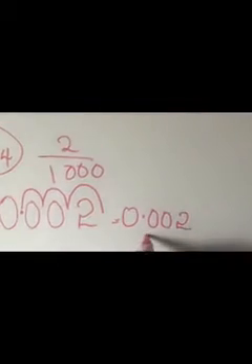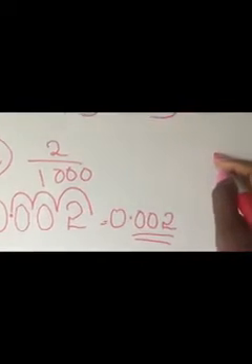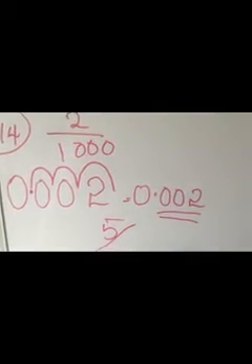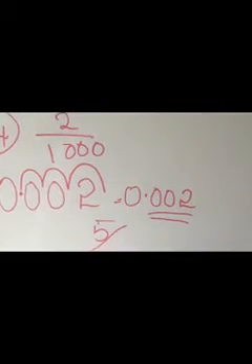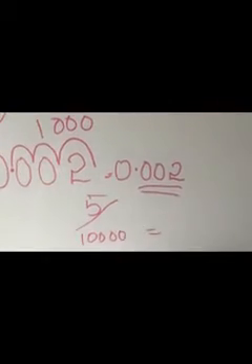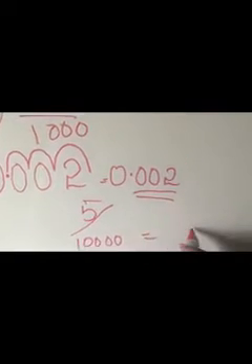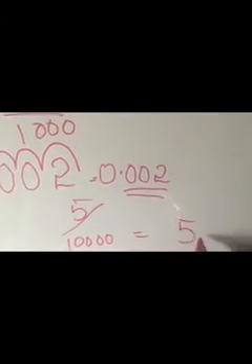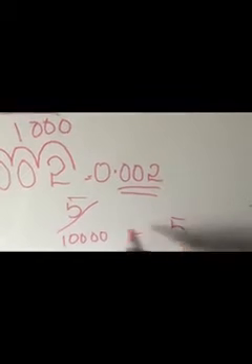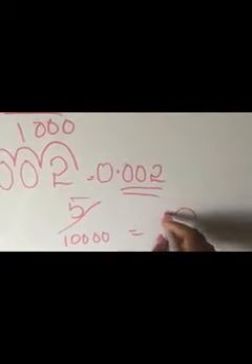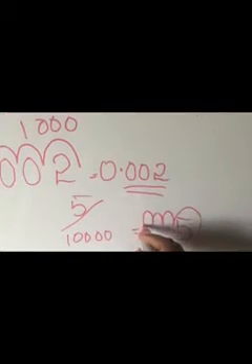0.002. Okay, if it was probably 5 over, let me say, 10,000, what would we do? This is how many zeros? 1, 2, 3, 4. So we write 5 and we count backwards. Okay, 4 times, because there are 4 zeros. 1, 2, 3, 4.